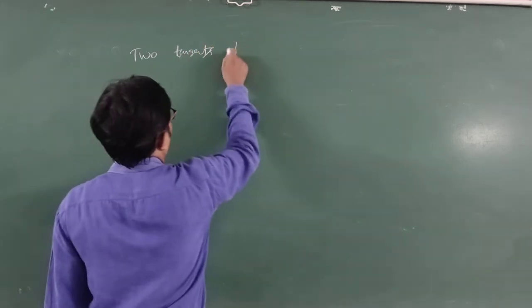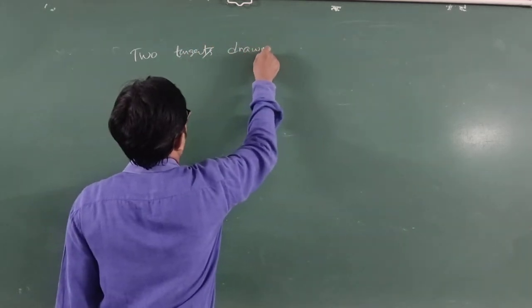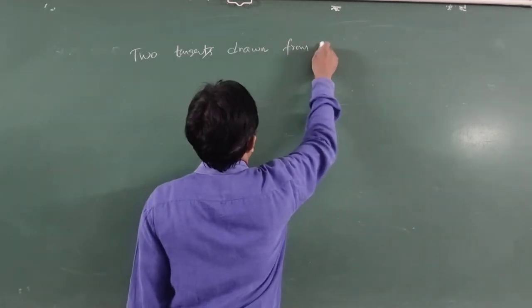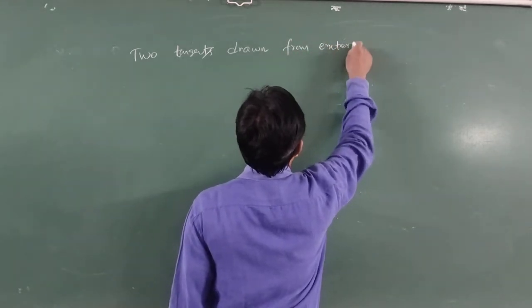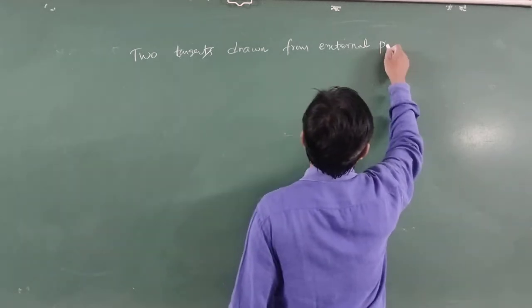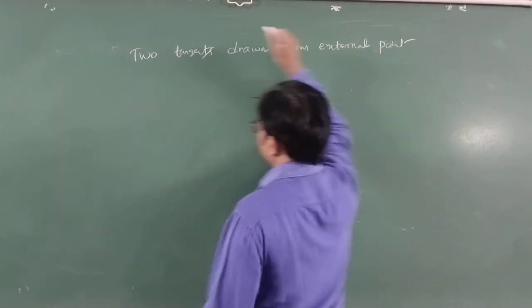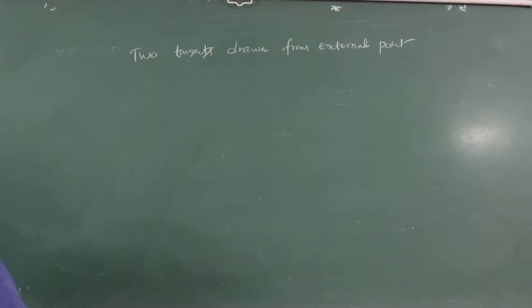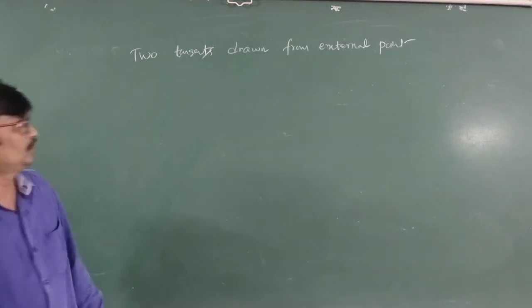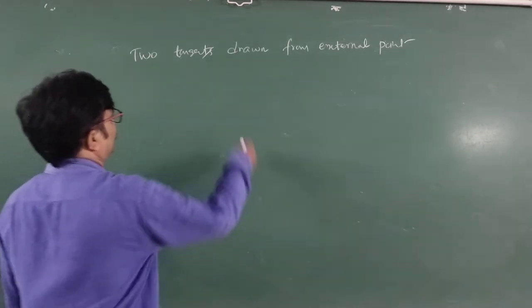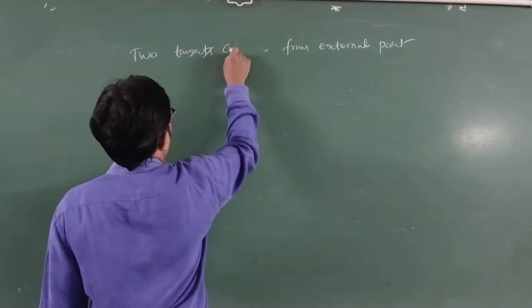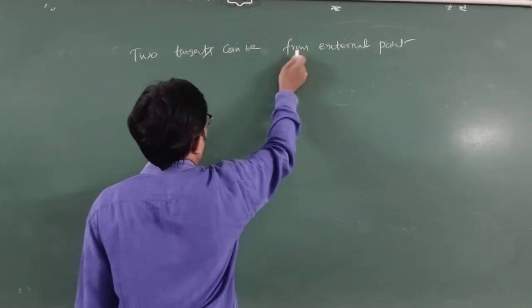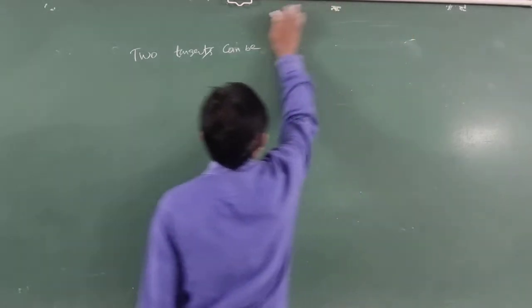Two tangents can be drawn to the ellipse from the external point.